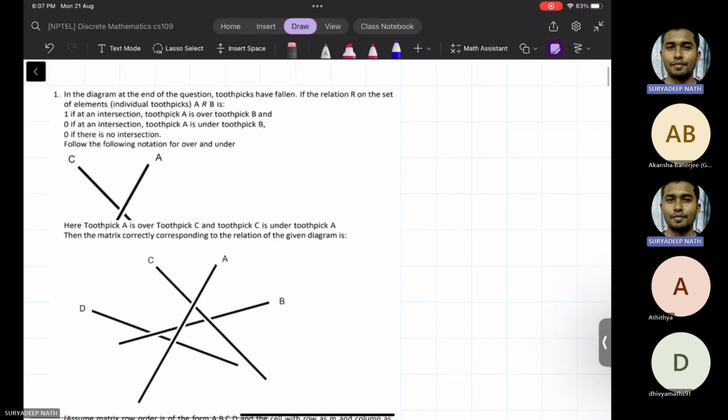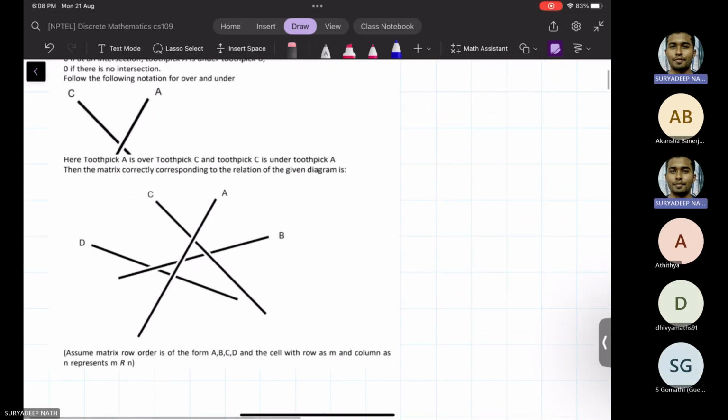Consider the relation R on the set of elements, which are the individual toothpicks, A R B. R is 1 if at an intersection toothpick A is over toothpick B, and 0 if at an intersection toothpick A is under toothpick B, and 0 if there is no intersection. So following the notation for over and under, we'll have to find the relationship.